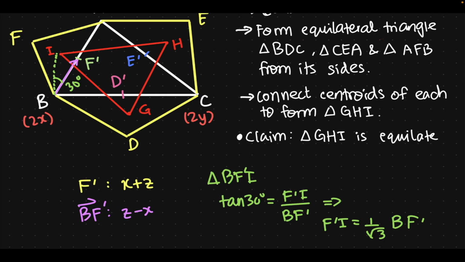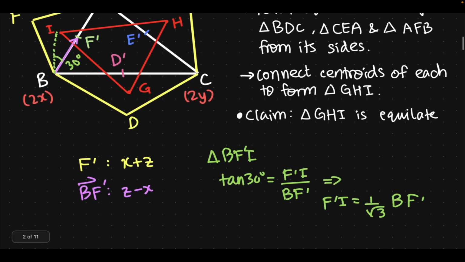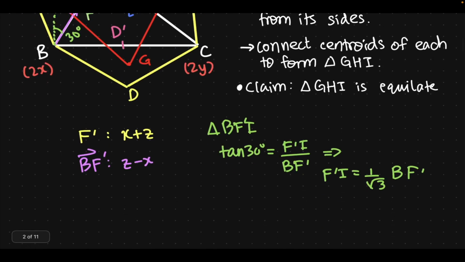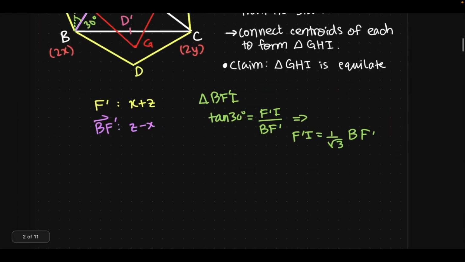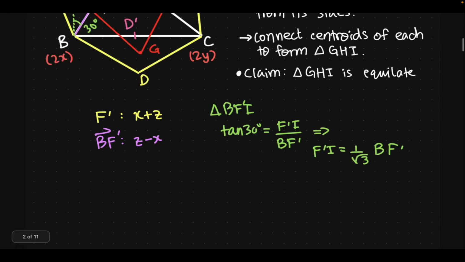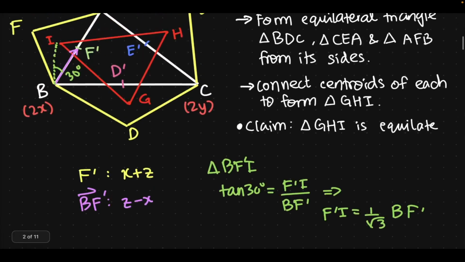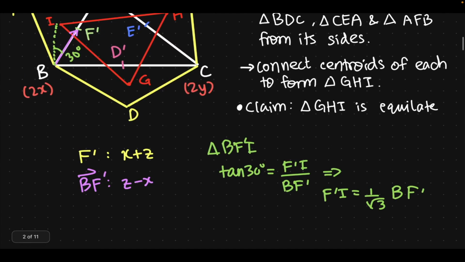There are some special properties with the centroid. The centroid is also the median of the triangle, and a bunch of other things are true. That's why we have these nice properties. Without any of these, we would not have such results and such assumptions. So we know that it's a 90 degree angle here.